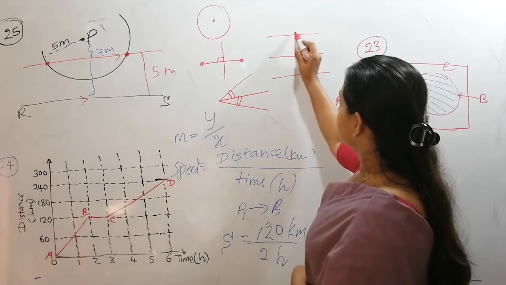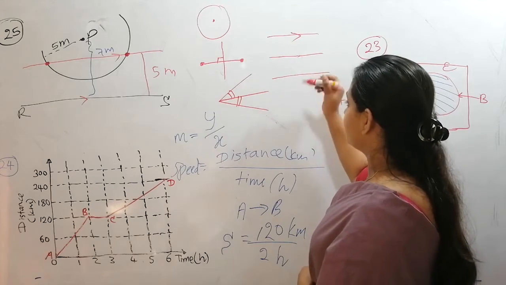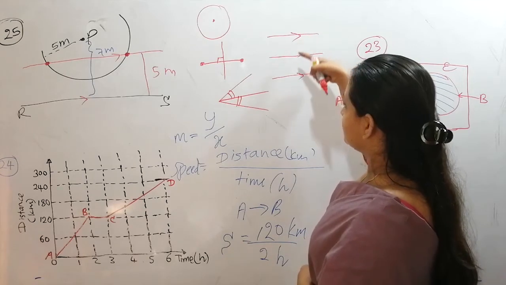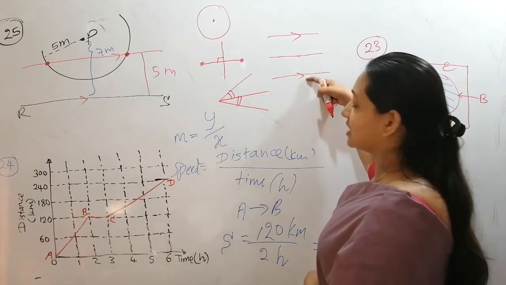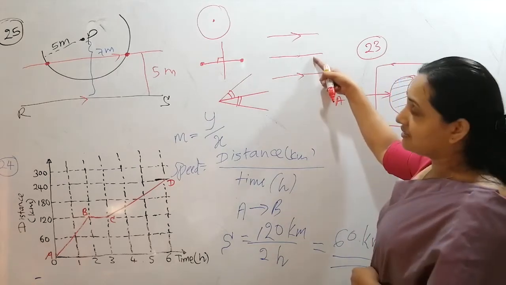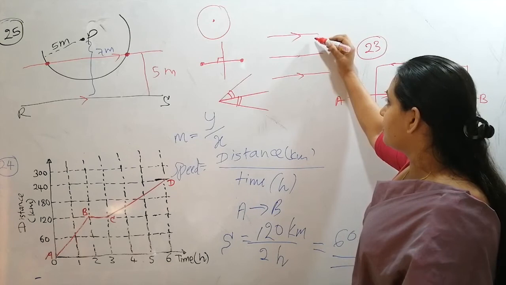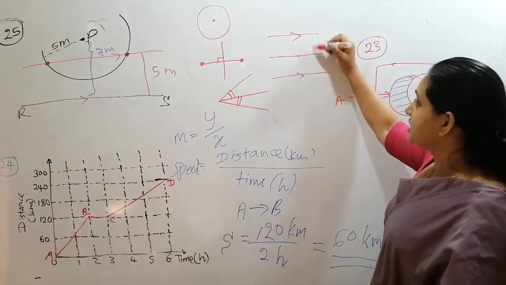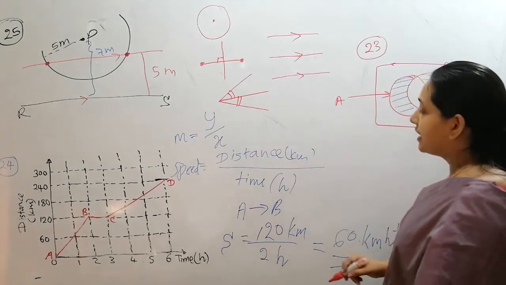This is a line which is parallel to the given line, and this also is parallel, and both are equidistant lines to the given line. For example, this can be 5 meters or 5 meters, or this can be 3 meters or 3 meters. Then these 3 lines are parallel to each other.